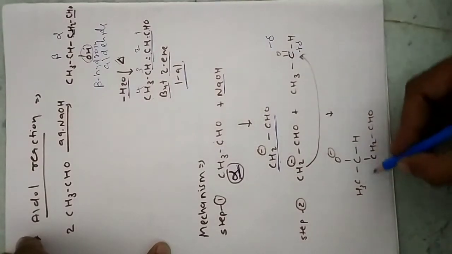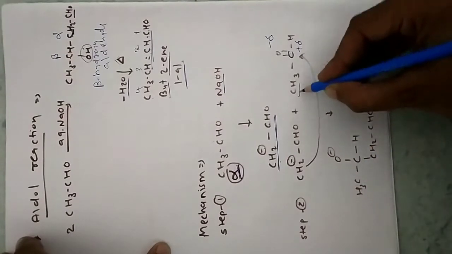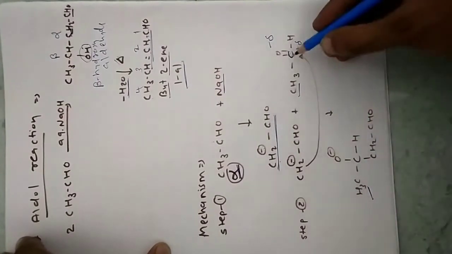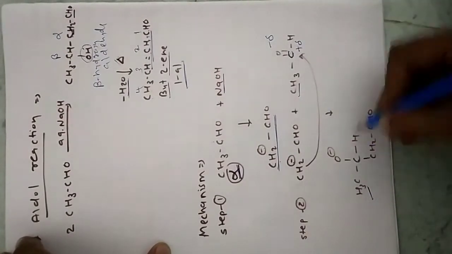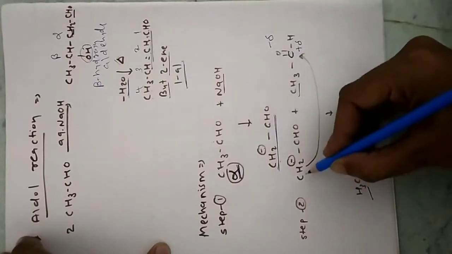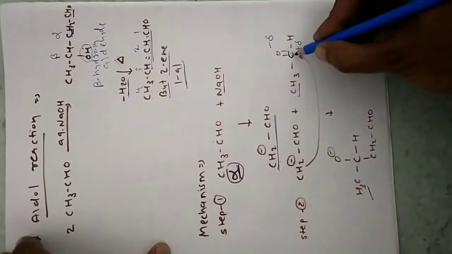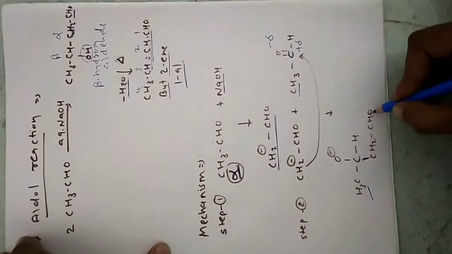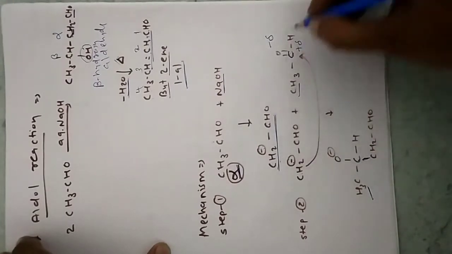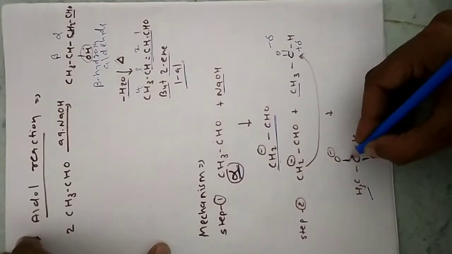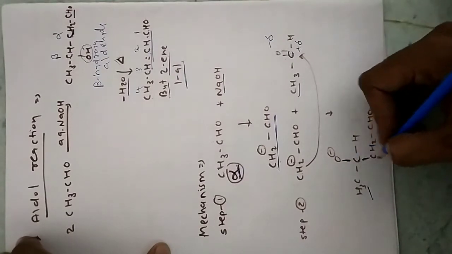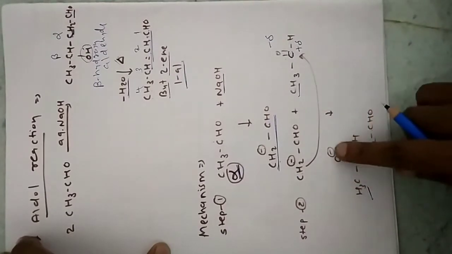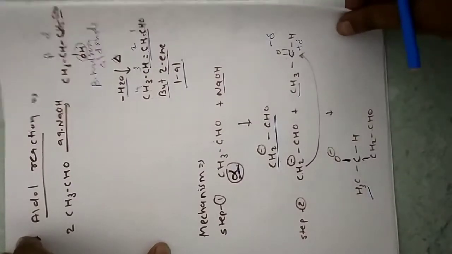You can see this CH3 is the same here, this CH is the same here. Now this negative ion attacks the carbon, so it makes a bond here, CH2CHO, and this double bond breaks. So the double bond breaks here, only a single bond is now there. Oxygen becomes negative.